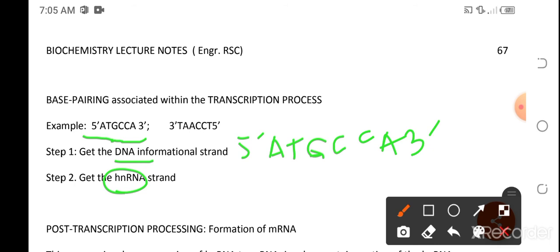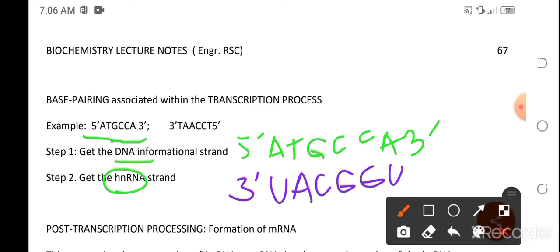Sa base pairing, the hnRNA na maproproduce will start with 3', and A will base pair with U, wala nang T dito, but T will base pair with A, pwede ang A kasi nga meron din naman yan sa RNA. G will be paired with C, C with G, and A with U. Walang T kasi ang produce natin ay RNA. And of course, this will end with 5'. Okay?